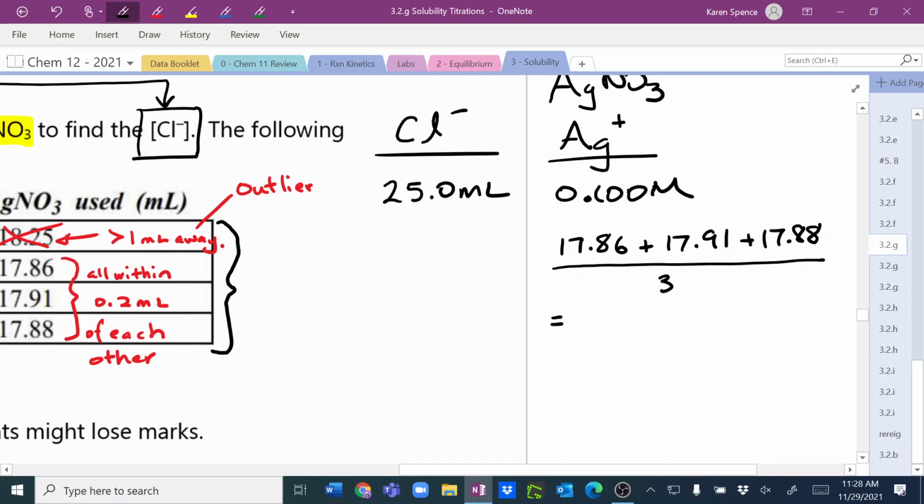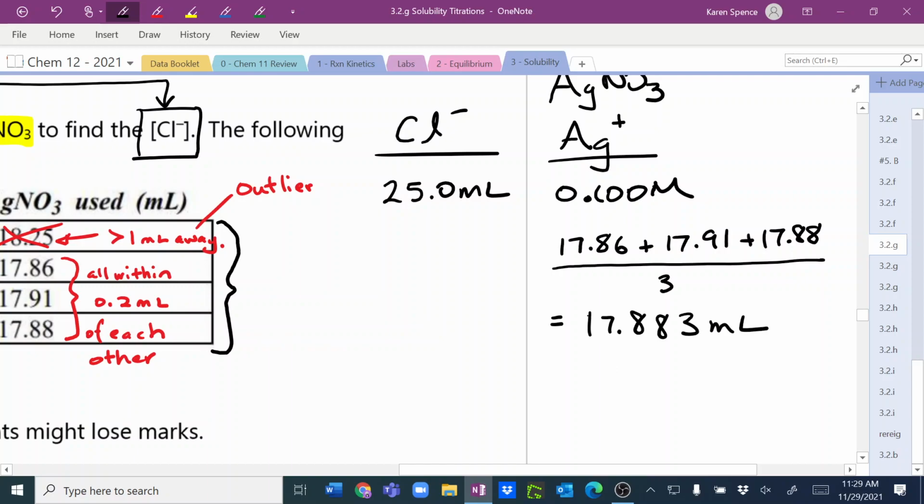And we get 17.88, and I'm going to keep an extra digit, 17.883 milliliters.